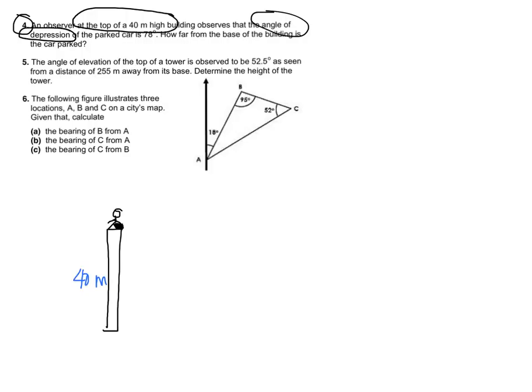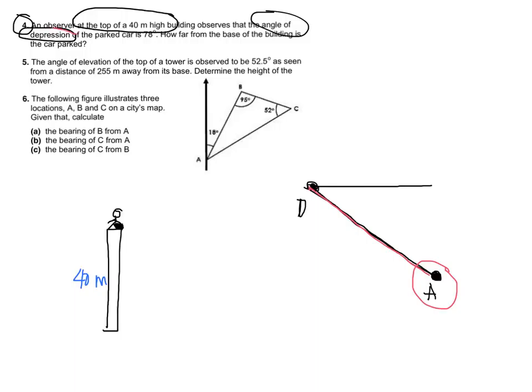If, for example, this is the observer and there's another object down here, say object A, and the observer is looking at this object, this line is the line of sight.